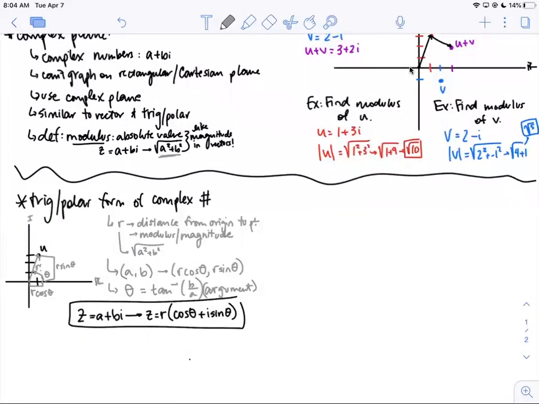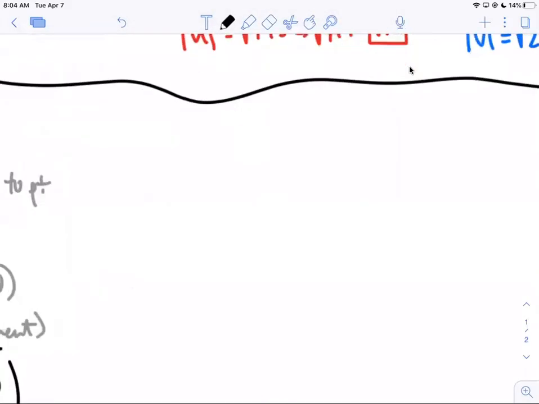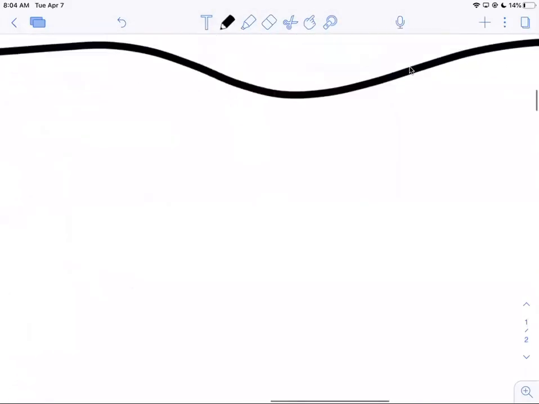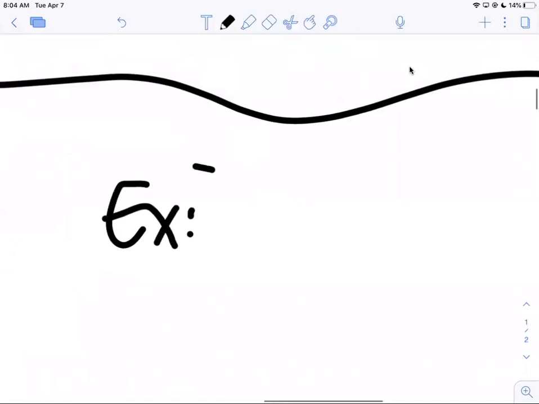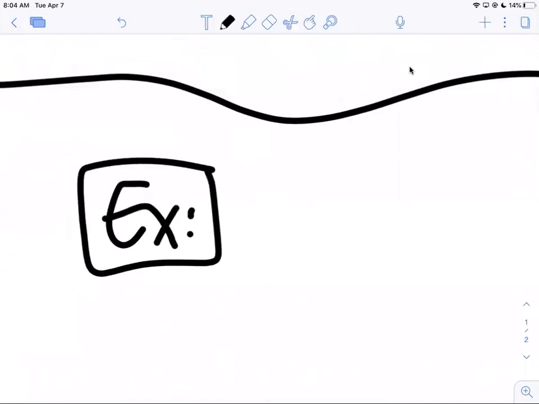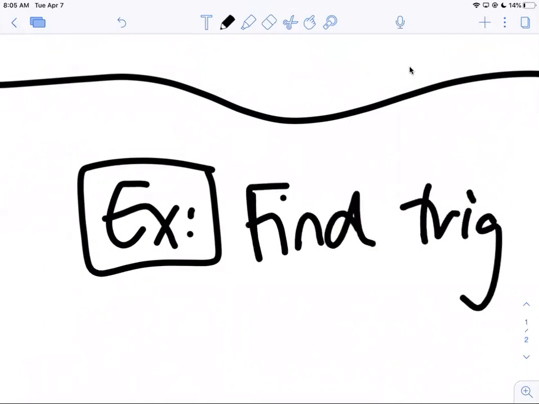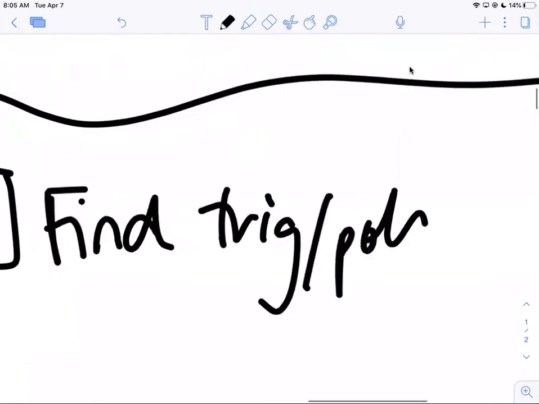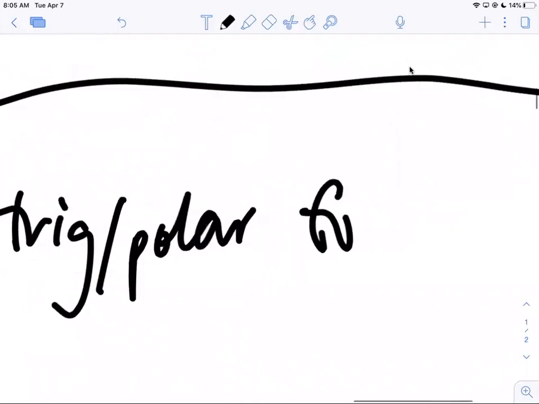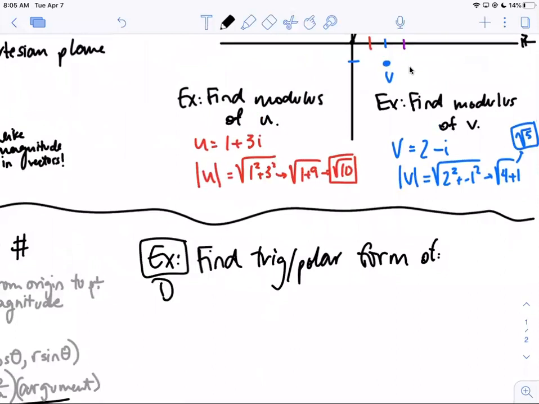We're going to do a couple examples with this, okay? So don't panic yet. So we'll do an example. We're going to find the trig or polar form of the following. I'm going to give you two examples.